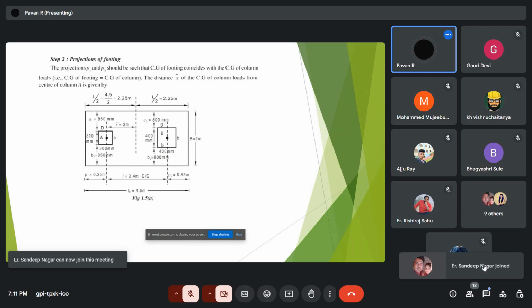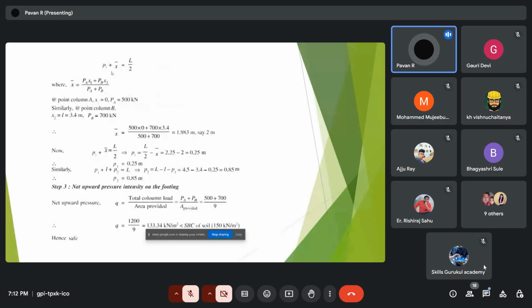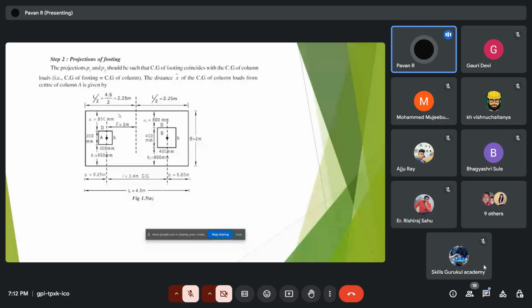Respectively, we calculate A1, A2, B1, B2, and P1 and P2. The total length is around 4.5 meter, and the center to center distance is 3.4 meter, as given in our problem itself. Next is the calculation, this is P1, this is P2.